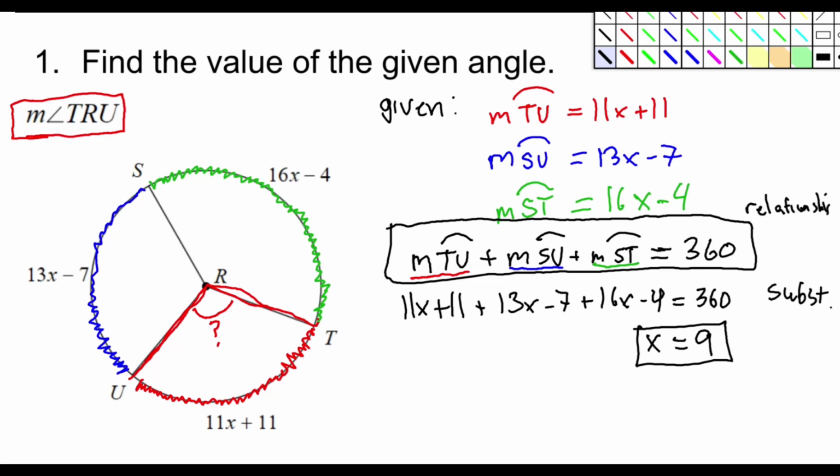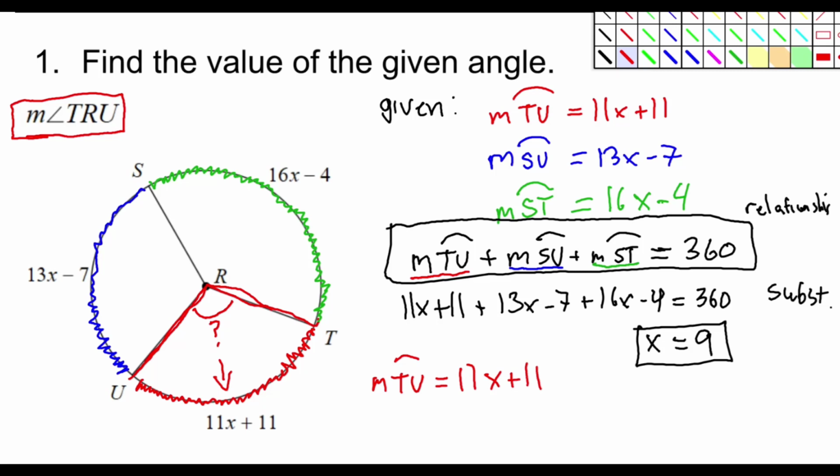So now, let's see if we can go back and finish this problem. So we wanted to know, what is the measure of angle TRU? But we said earlier, if you knew this arc right here, then you would know the angle. So I'm going to write that in. So the measure of arc TU is equal to 11x plus 11.